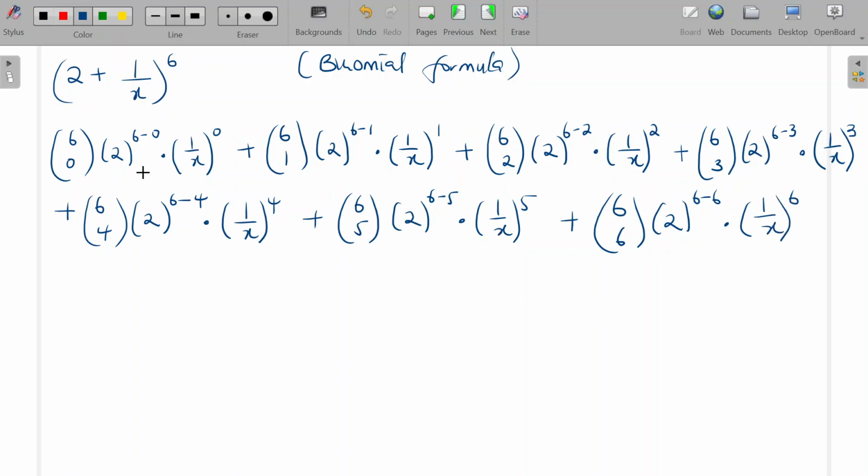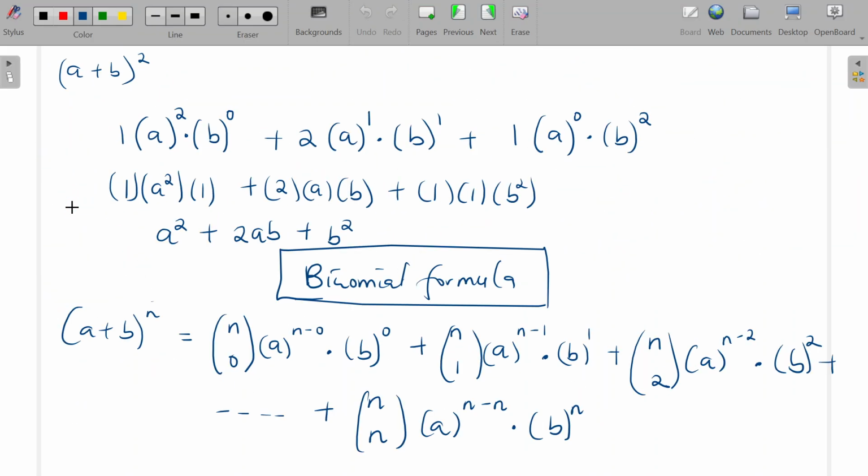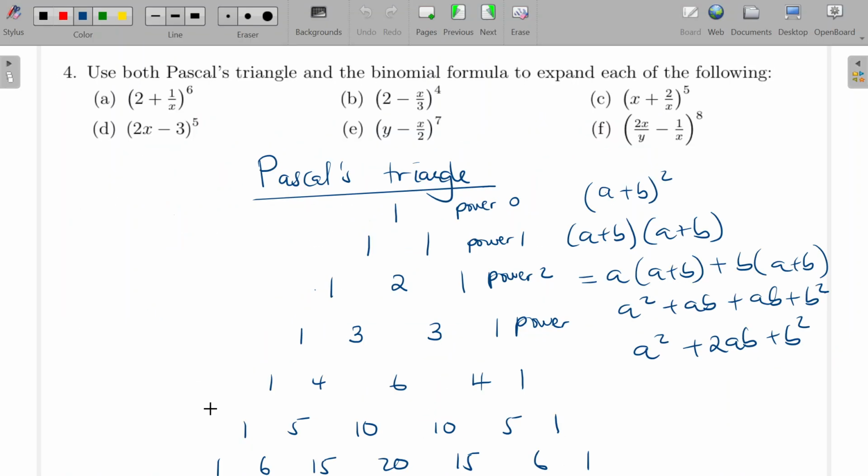Okay, so when you reach this point, 6 combination 0 is just 1. Whatever you're going to be getting, from 6 combination 0 onward, it is these numbers: 1, 6, 15, 20, 15, 6, 1.